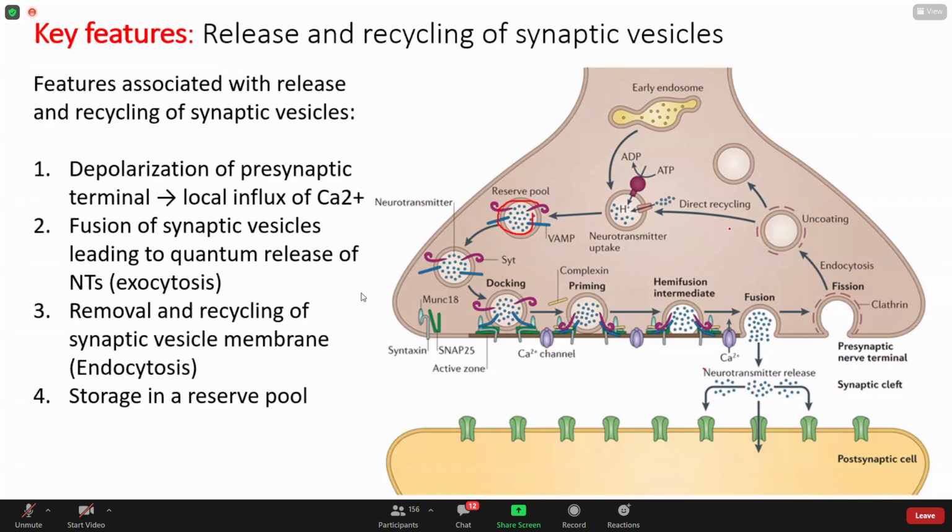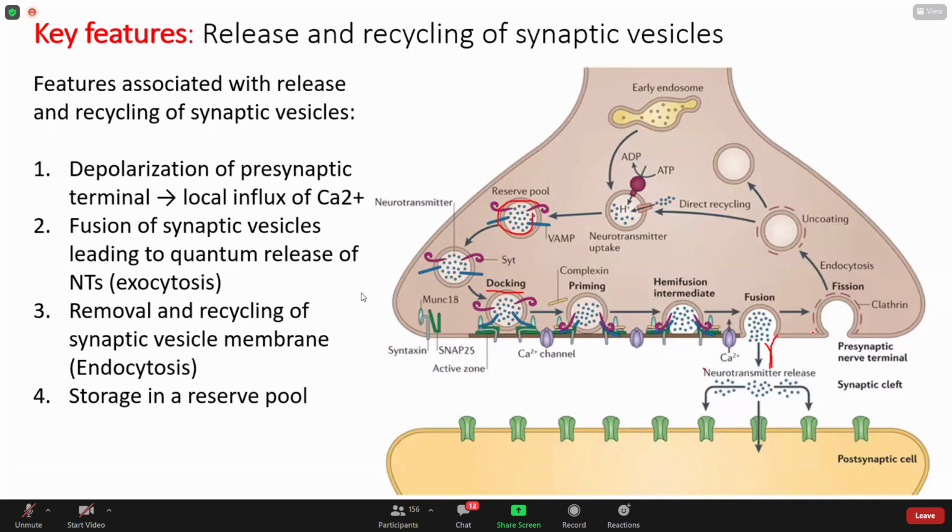After depolarizing the presynaptic terminal, opening of the voltage gated calcium channels, entry of calcium will trigger what? Fusion of the synaptic vesicle. Very good. So a synaptic vesicle will go through the process of docking, priming, and then fusion to release the neurotransmitters.